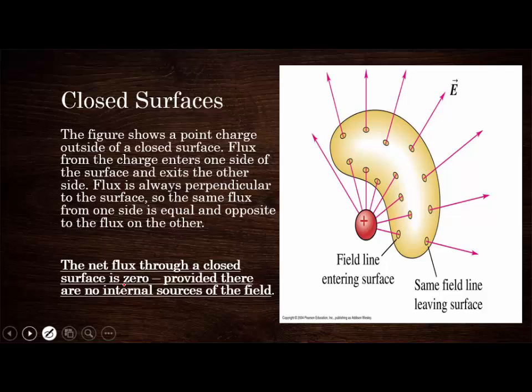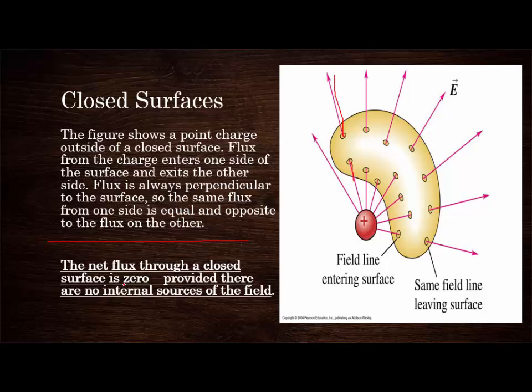Okay, so let's talk about a closed surface. If we have a point charge sitting out here in space, and we're going to look at our region away from the point charge, this yellow blob is just some randomly closed surface we've drawn away from the positive charge. It's important that you guys understand that flux is always perpendicular to the surface. So the same flux that's coming in on this side will come out on the other side.